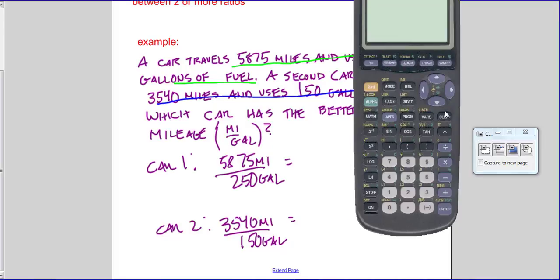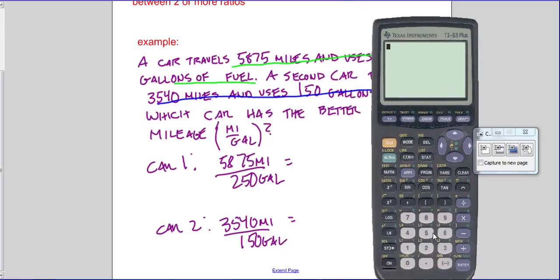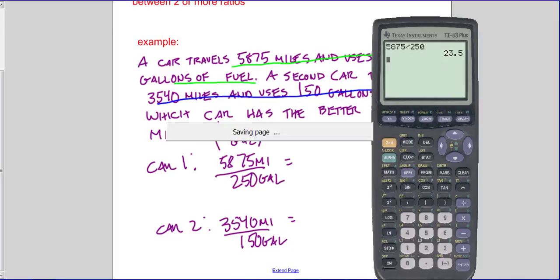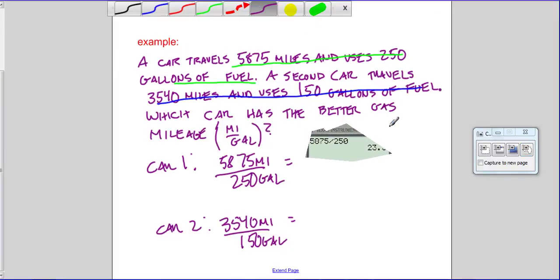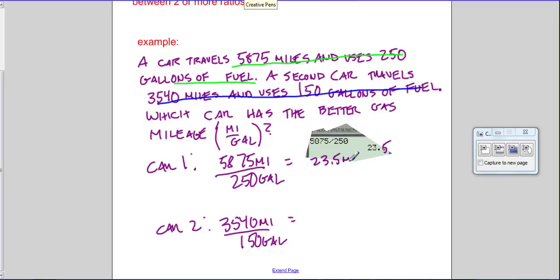Let me use the calculator here. So I have 5,875 divided by 250, and I get 23.5 miles per gallon. So this is 23.5 miles per gallon.